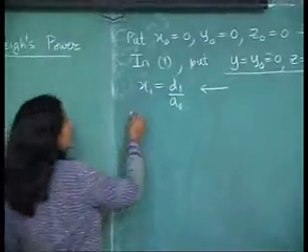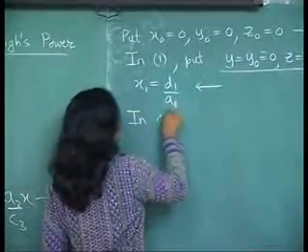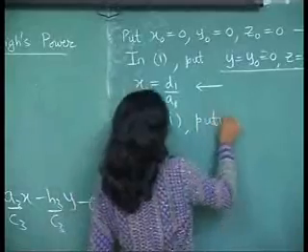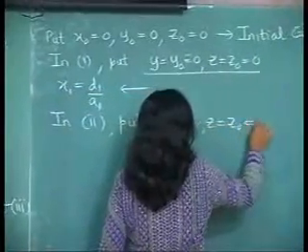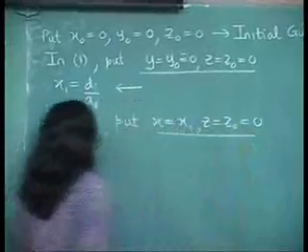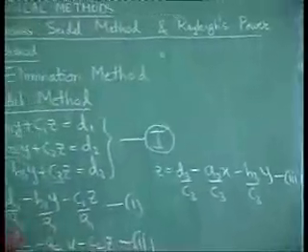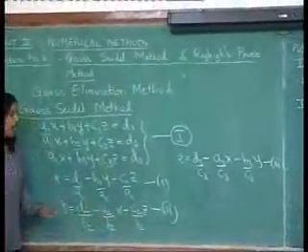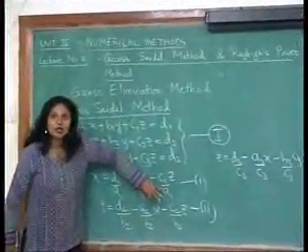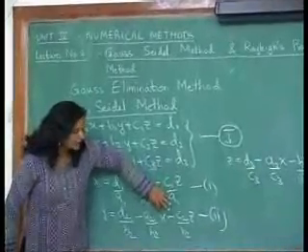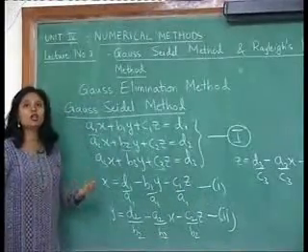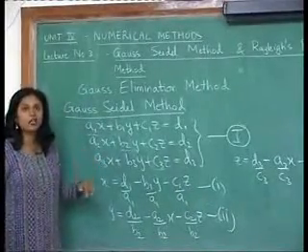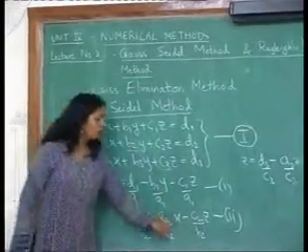Now in the second equation, in equation 2, I will put x equal to x1 and z equal to z naught, which is equal to 0. On the right hand side you will notice that I only have x and z. In this method we make use of the latest values available to us of the unknowns.